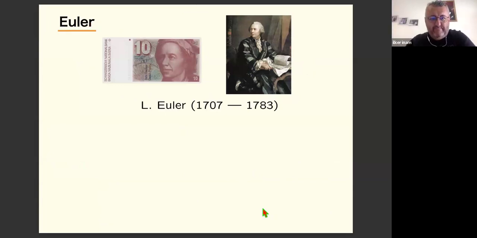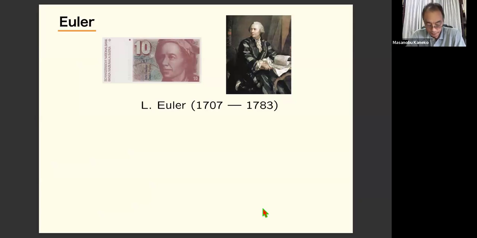Okay, but it was Euler who studied this MZV in the case of r equals 2, almost 300 years ago. This r is the number of indices k1 up to kr.